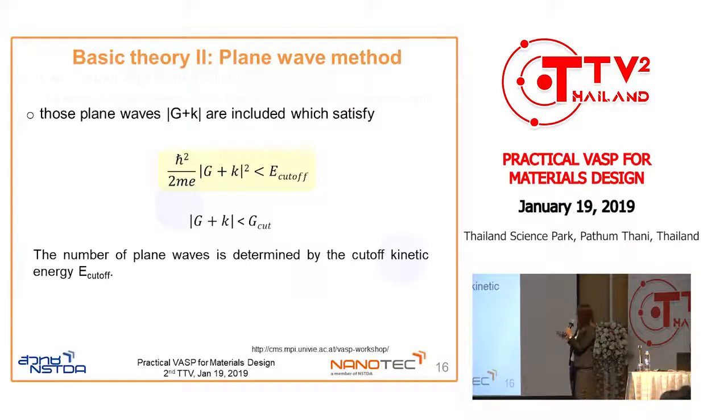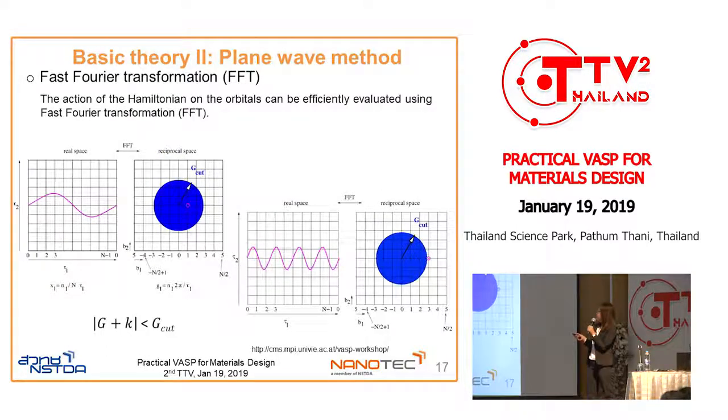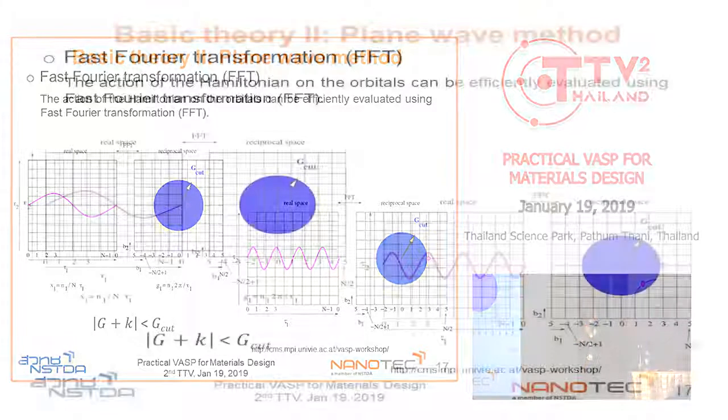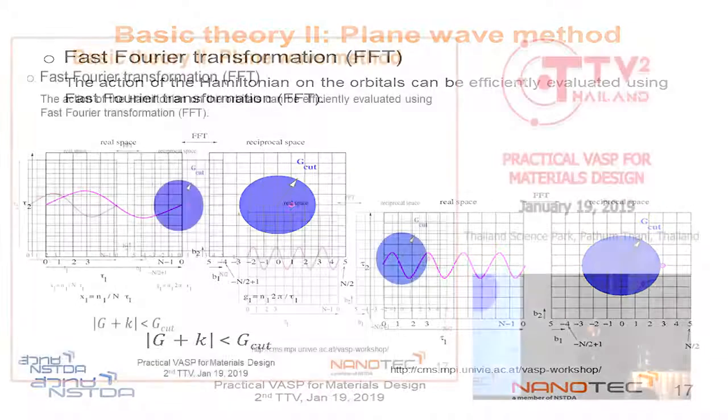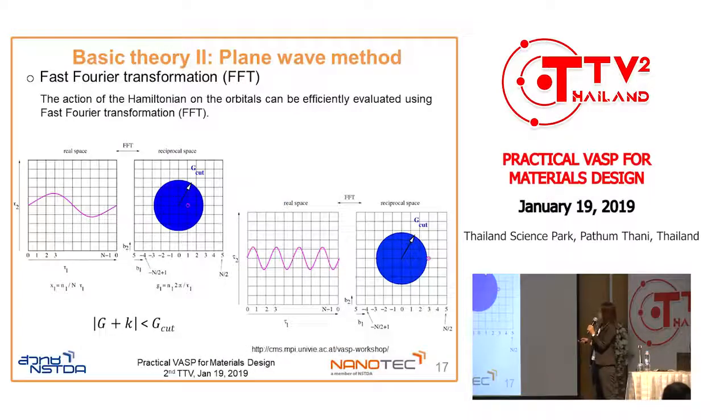And in plane wave, they do the Fourier transform, and we do calculations in real space and reciprocal space. So if you consider this example of the wave function in real space, this plane wave is included in the calculation because it is located inside this G cut.